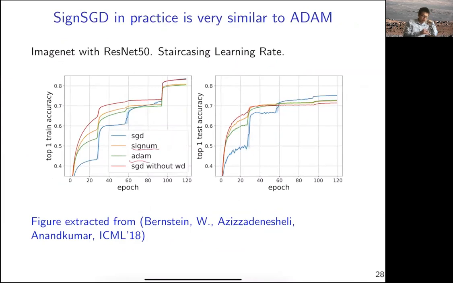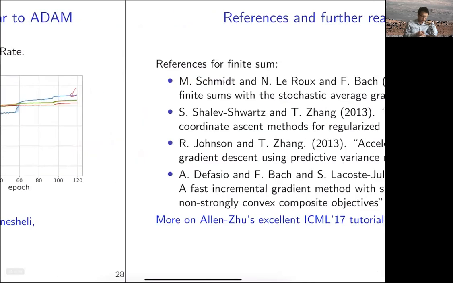Comparing to SGD, it's a lot faster in the beginning, and then it gets to slightly worse bounds towards the end on the test accuracy, because SGD still generalizes best. But as an optimization algorithm, we find a lot of correlation between Adam and signSGD. Okay, and for those who are interested, feel free to take a look at our paper from 2 years ago.